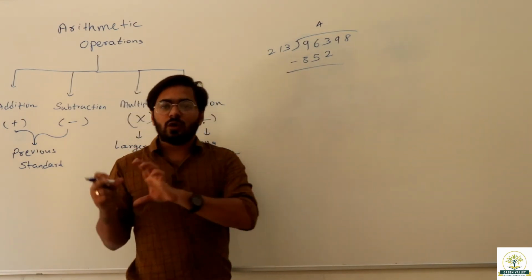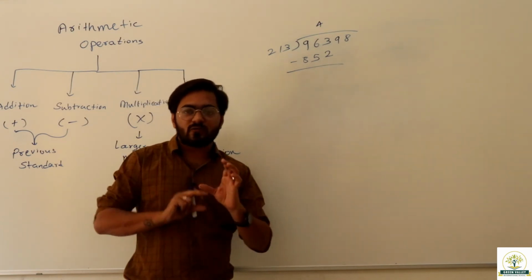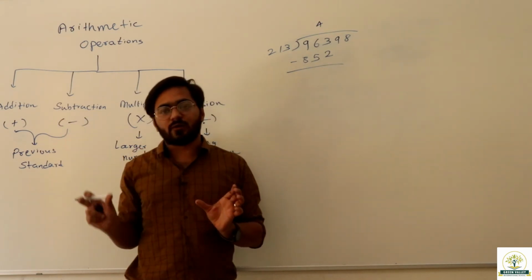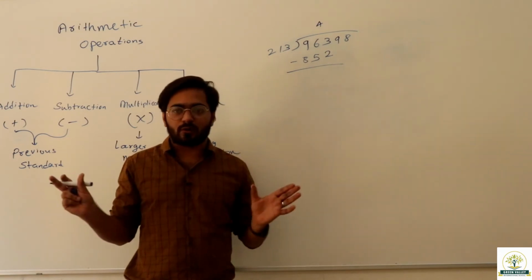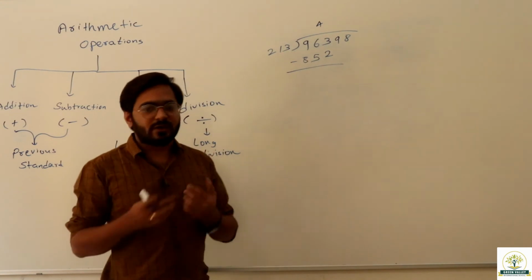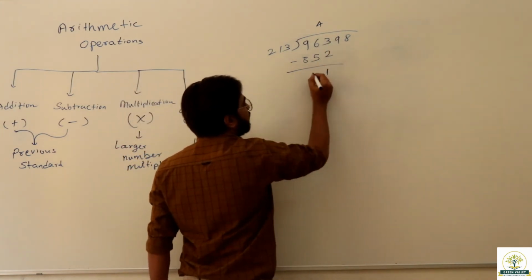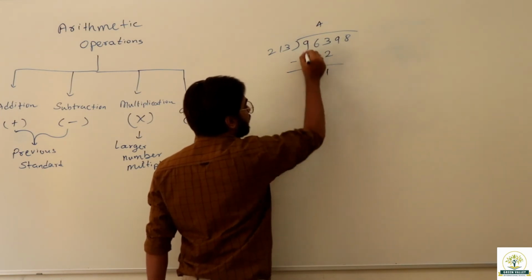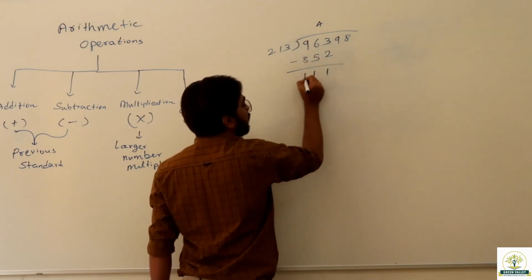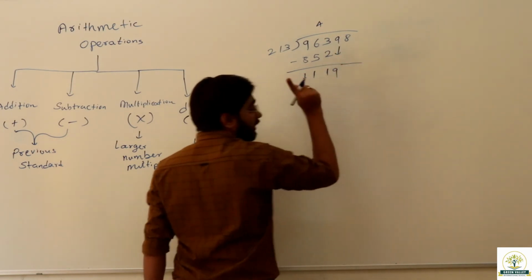So 200 into 5 and 213 into 5, 213 into 5 will be greater than 200 into 5. Understood? No matter what is the answer, you must already know which one is greater. Now 3 minus 2 gives you 1, 6 minus 5 also gives you 1, 9 minus 8 gives you 1 again, 9 comes down. Okay, one digit at a time.